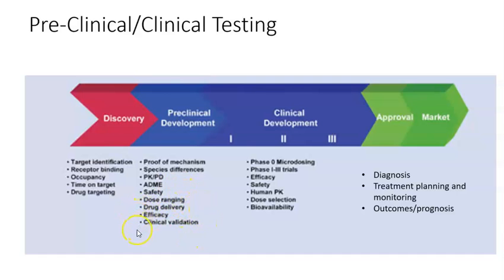How effective is it? And then there's clinical development, phase 1, 2, and 3 trials, looking again at safety and efficacy. How well does it work? How much gets into where it needs to go? Does it need to get into your brain? Does any of it get there? Really targeting the dose. And once you get through phase 3 clinical trials, then it's generally approved and you get some chance to market this before other people are able to get in and make the generic drugs.